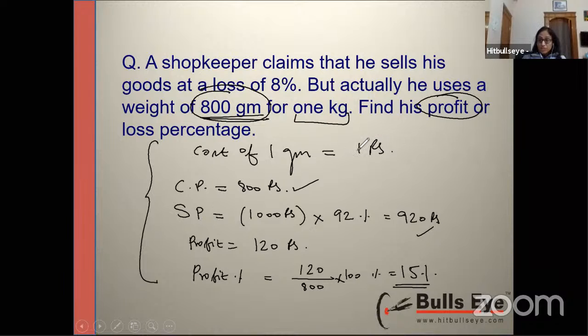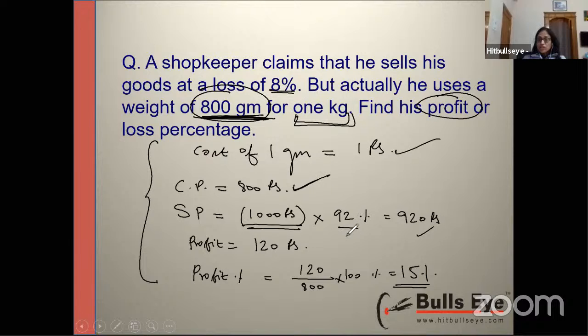Choose a number which makes your life comfortable. So you go with the choice of making the cost of 1 gram as 1 rupee. Now, what is going from your shop is 800 grams. So your investment, your cost price, is 800 rupees. You are liable to charge the customer for 1 kilogram. That means you are supposed to charge him 1,000 rupees. But you pretend very sweetly, as if you are bearing a loss of 8%.